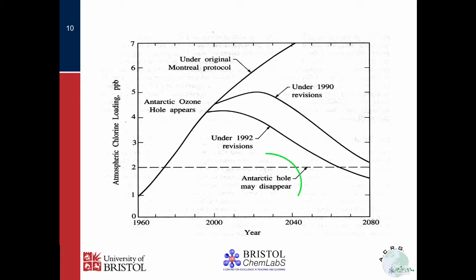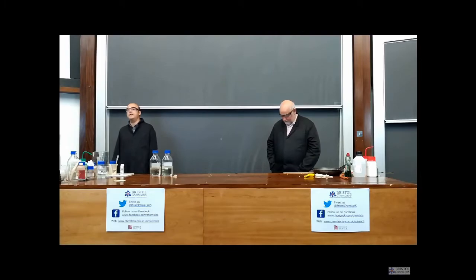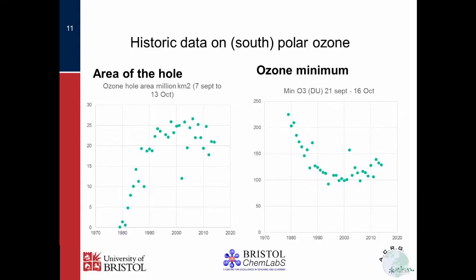And so it is predicted now that the ozone hole will be a thing of the past in around 2050, which is a very good thing. And if we look at some recent data, we hopefully can convince ourselves that this is actually going to be the case. If we look at the area of the ozone hole over the South Pole, we see that it was increasing over time, and it's been flattening off in recent time.